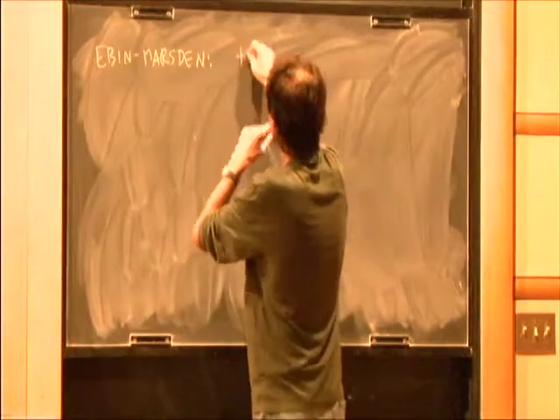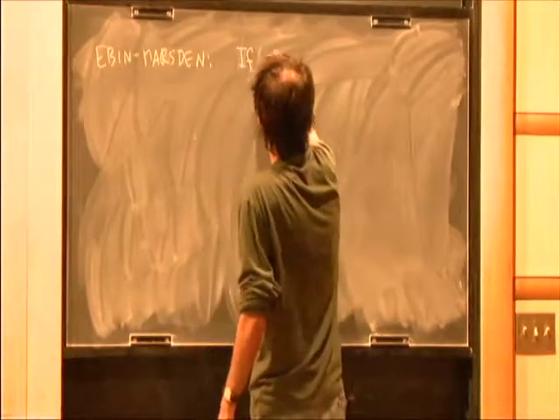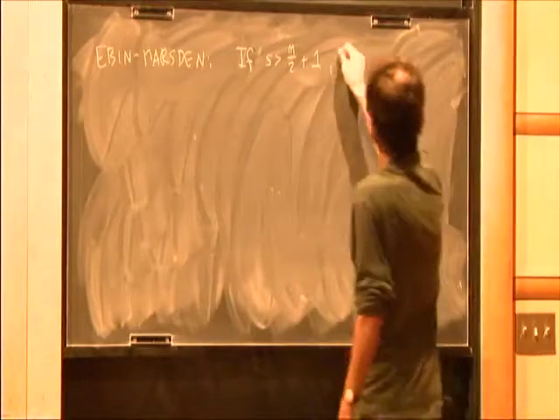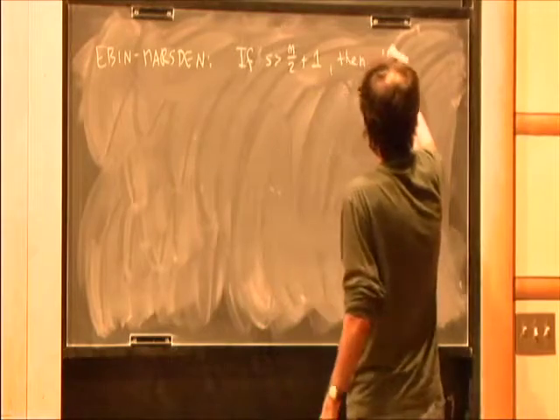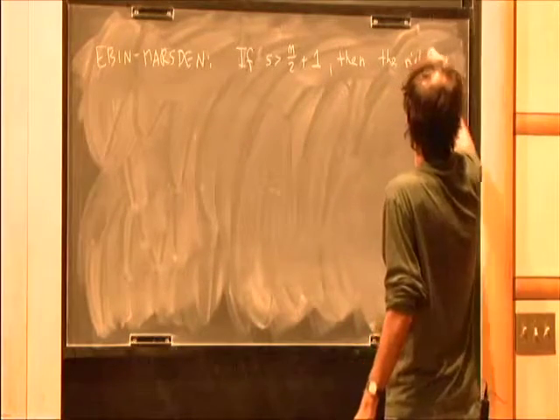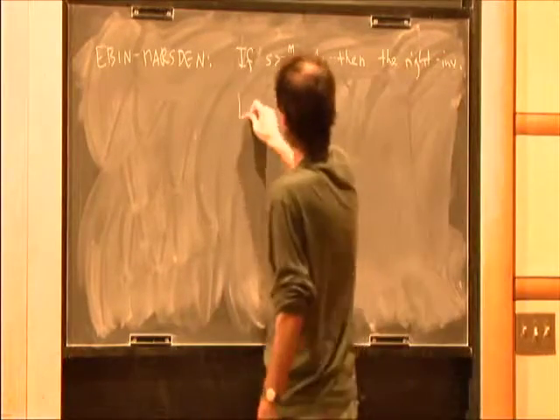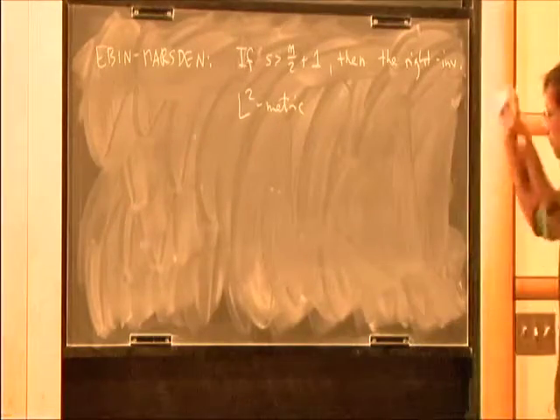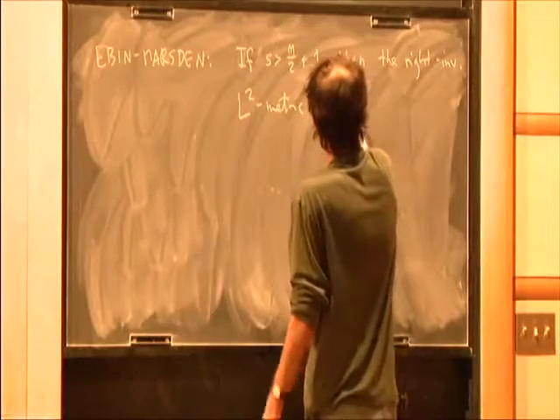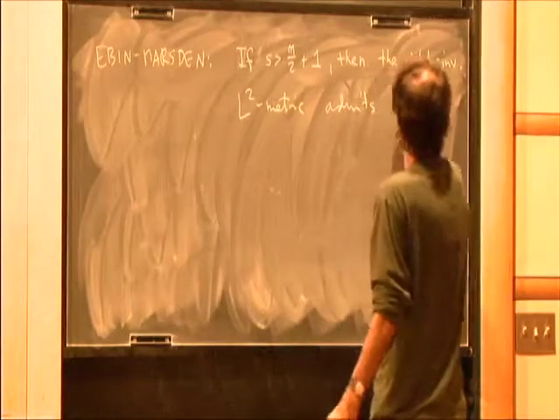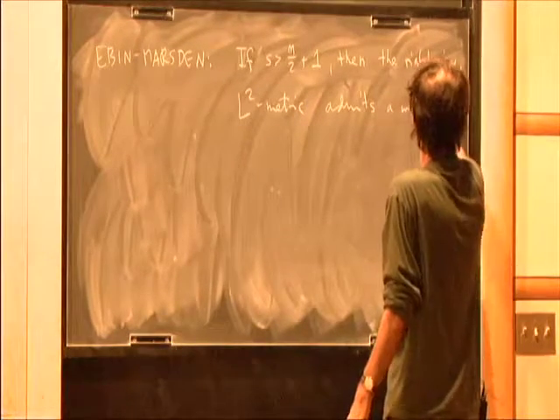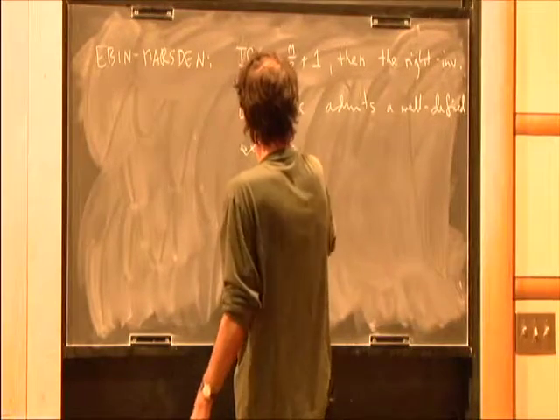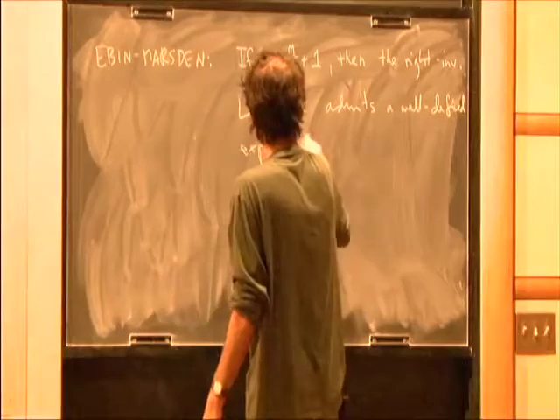If s is greater than n over 2 plus 1, then the right invariant L2 metric, the one defined by Arnold, the kinetic energy metric, admits a well-defined exponential map, a Riemannian exponential map.